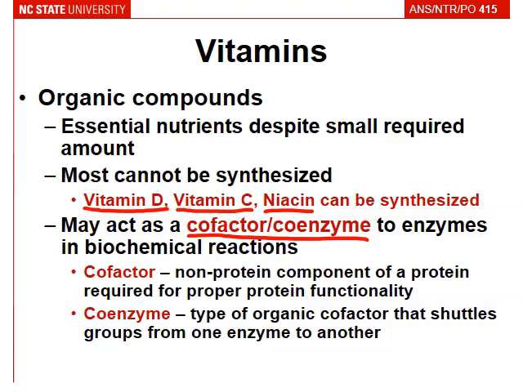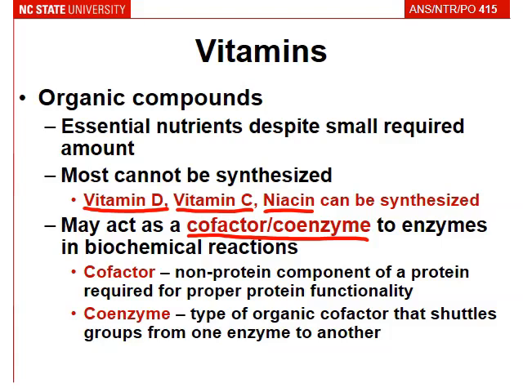Now, a lot of individuals, books, instructors interchange cofactor and coenzyme, and I may do that, so I apologize, but here I have them defined. So what is the difference between a cofactor and coenzyme? A cofactor is a non-protein component of a protein required for proper protein functionality.